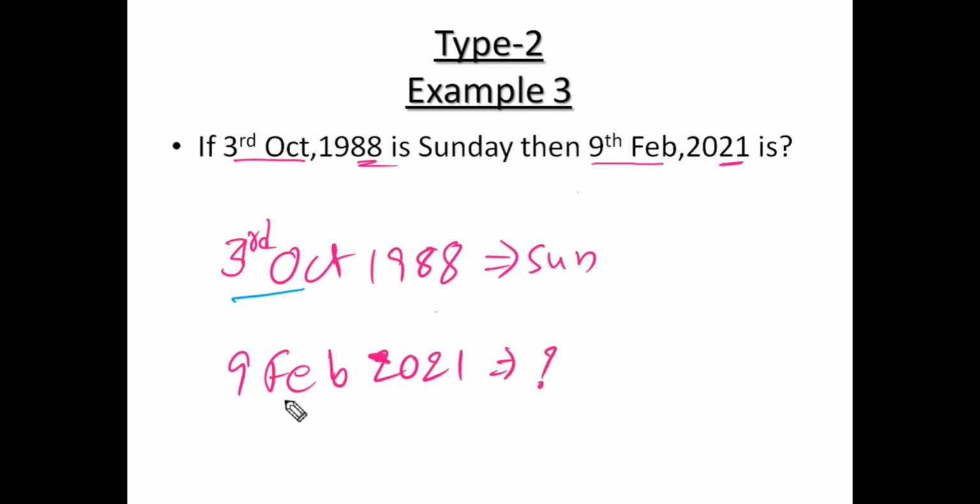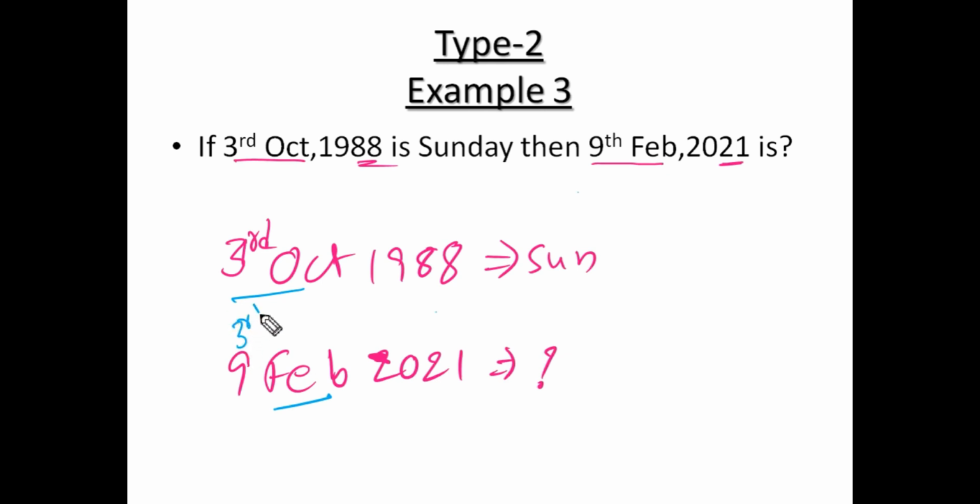Because the date is not the same, we cannot go with the year gap directly. Even if you go with the year gap, it will be somewhat lengthy. How can we do it? We take one date in the middle.